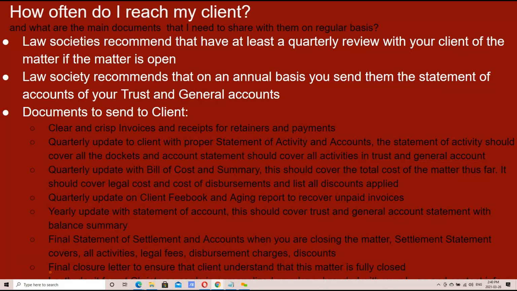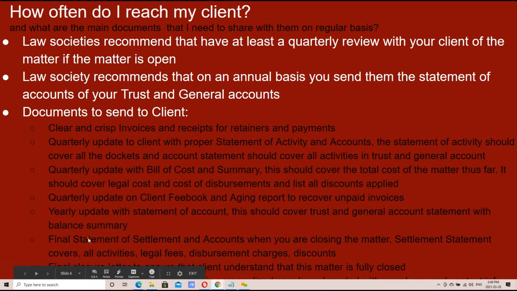If this is beyond the quarter, if it's, as I mentioned, going on for a year, then statement accounts of both the trust and general accounts, especially if there's trust involved, of course. You want to leave what the trust balance looks like, what the ledgers and journals look like for all accounts regarding that client.